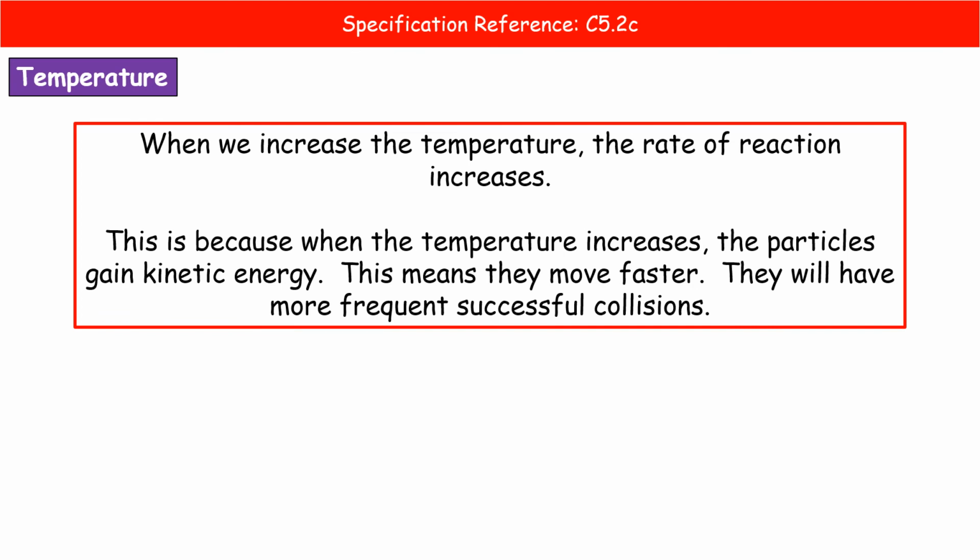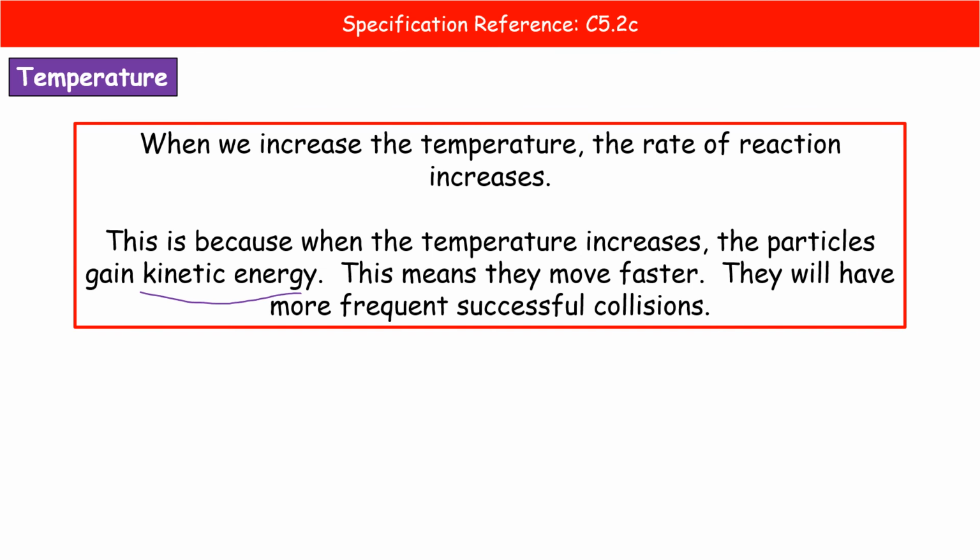We need to be able to recall the different factors that affect the rate of reaction and explain how they do this. Let's start off with temperature then. If you increase the temperature, you increase the rate of reaction. The reason for that is, as we increase the temperature, particles gain kinetic energy and they're going to move faster.